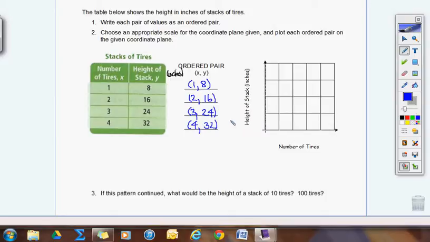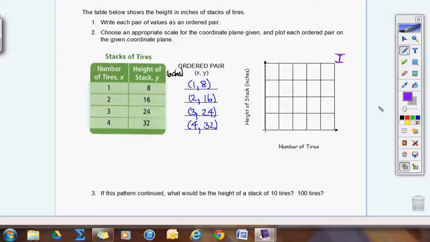Okay. So now we just want to plot those ordered pairs, and notice that they've already labeled the axes for us. They're only giving us the first quadrant, because that makes sense, because we're only dealing with positive values of both numbers of tires and the height of the stack.